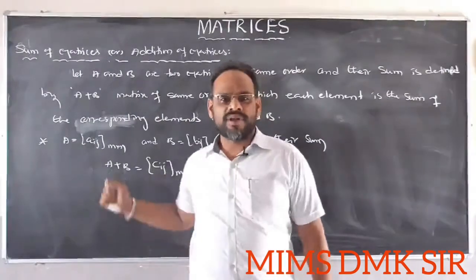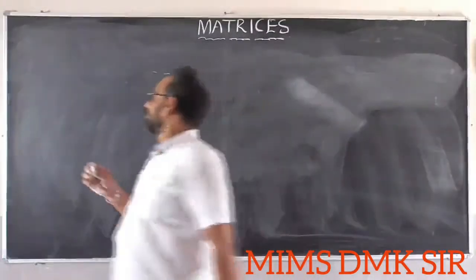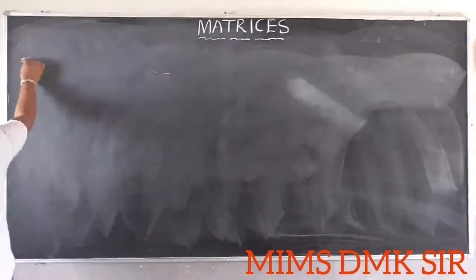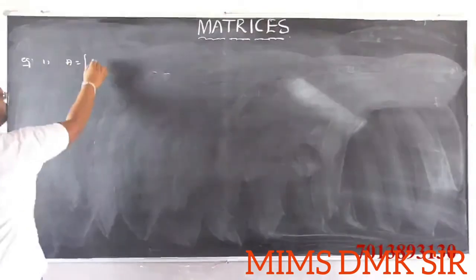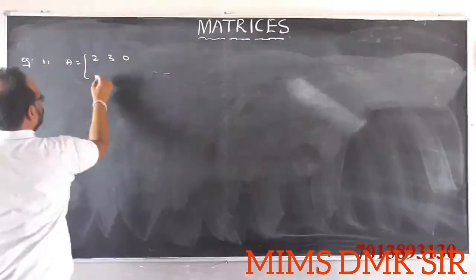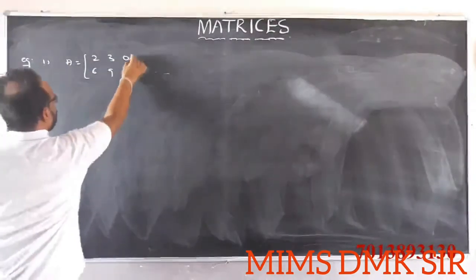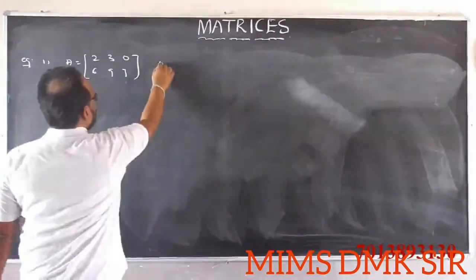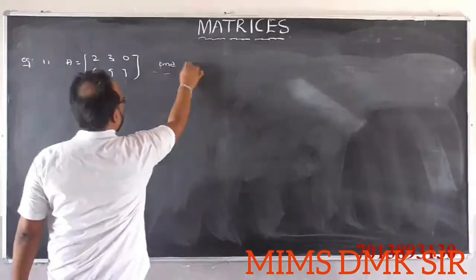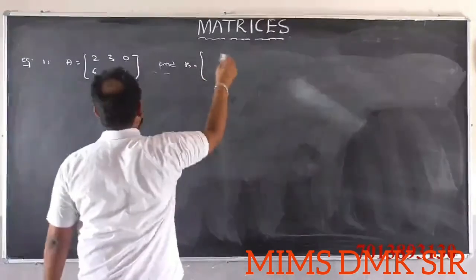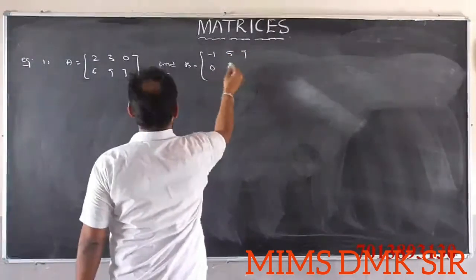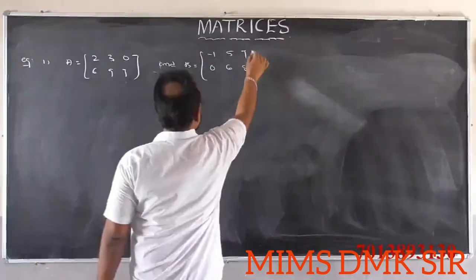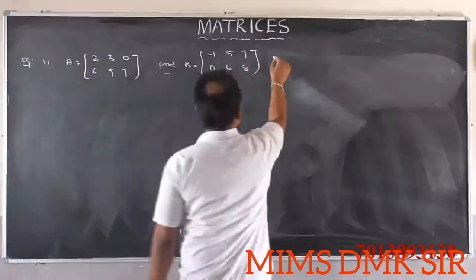Let us discuss a small example. Observe here the example. Let A be the matrix with rows 2, 3, 0 and 6, 9, 7, and B be the matrix with rows -1, 5, 7 and 0, 6, 8.